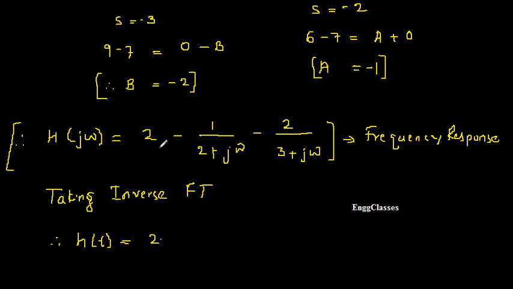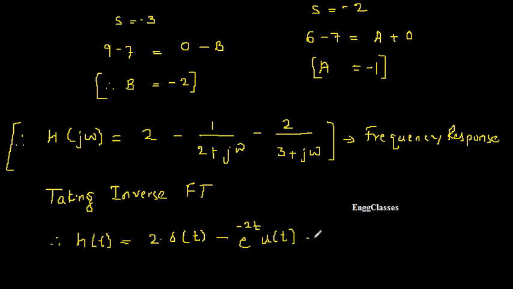The inverse Fourier transform of 1 is nothing but delta of t. This is again the standard result, we know it. I would write 2 delta of t minus e to the power minus at u of t. In place of a I have got 2, so I'll get e to the power minus 2t u of t, correct, for the second term.